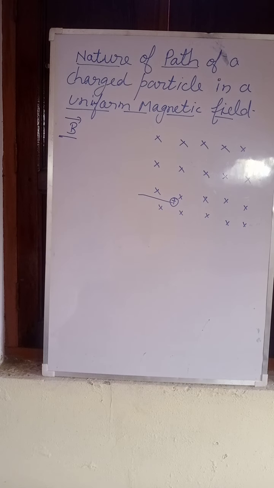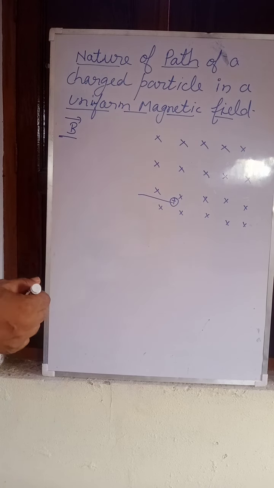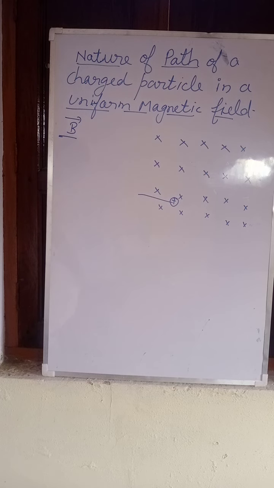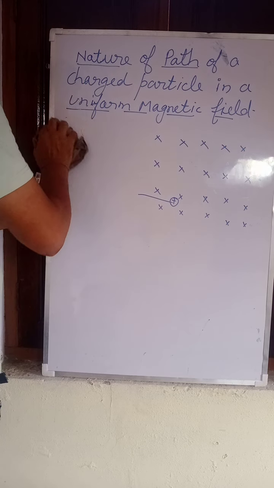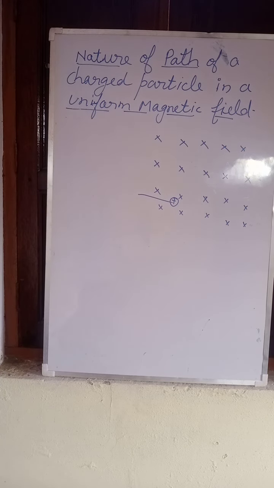There are two conditions to enter this charged particle in the magnetic field. First condition is the angle between the direction of the charged particle and the magnetic field is 90 degrees, meaning the charged particle enters the magnetic field perpendicularly.